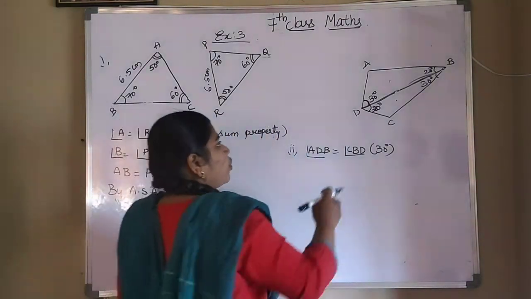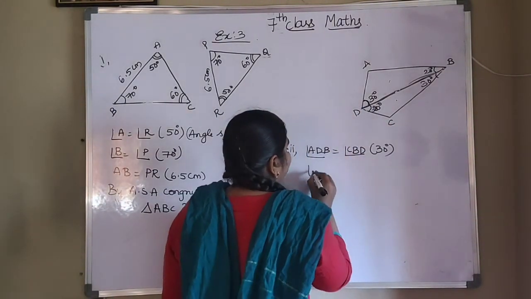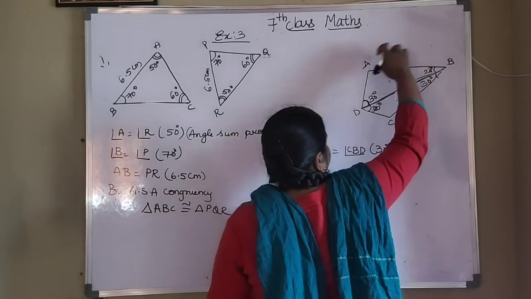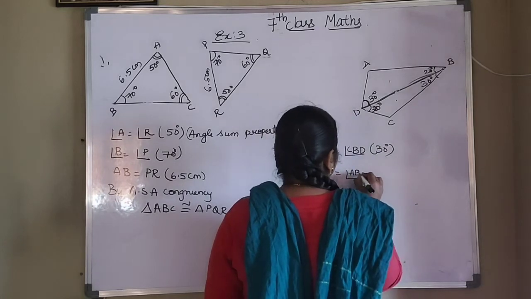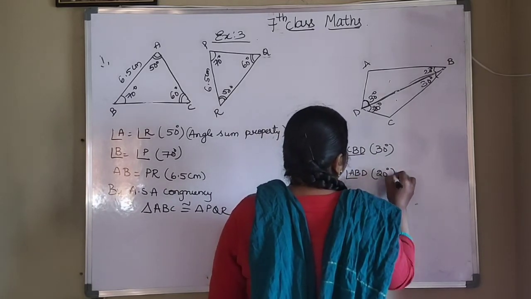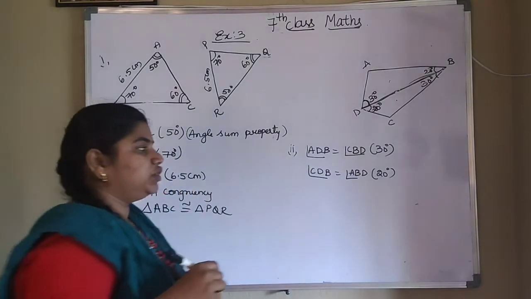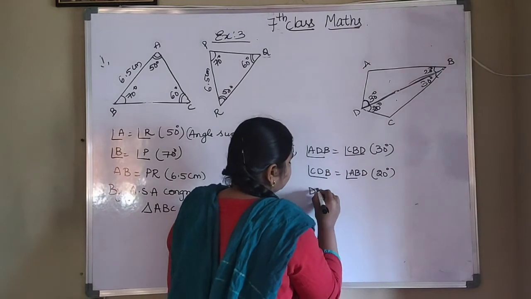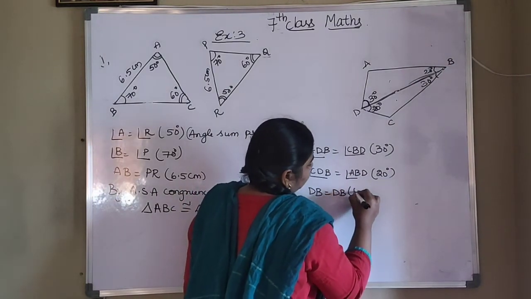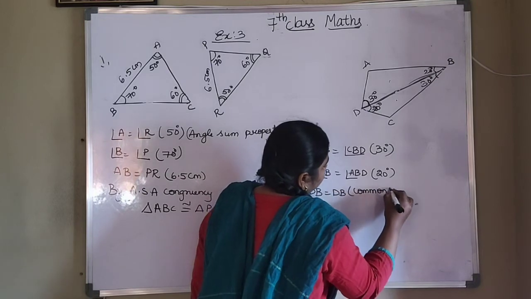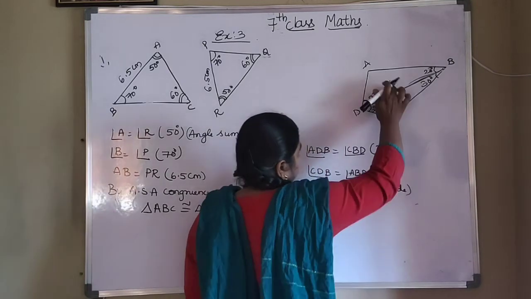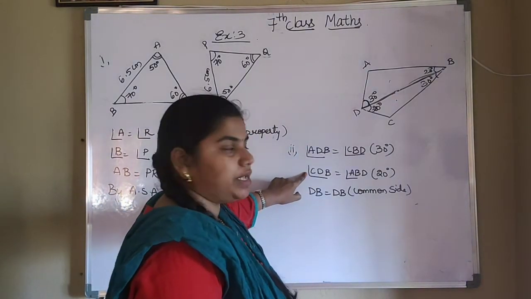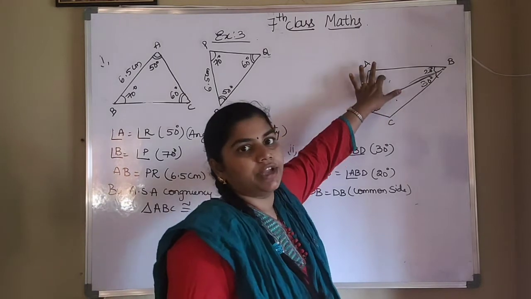Next, angle CDB is equal to this part, ABD, that is 20 degrees. So you got two angles. And which side is equal here? DB is equal to DB, because it is a common side for both the triangles.